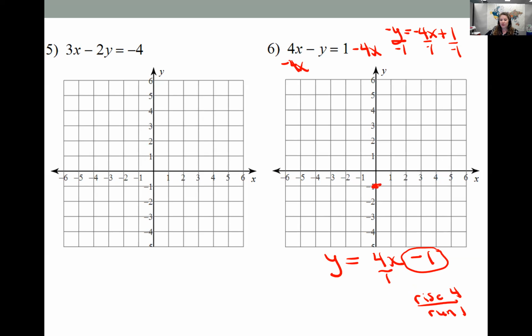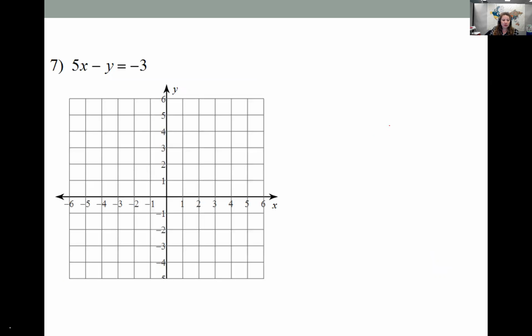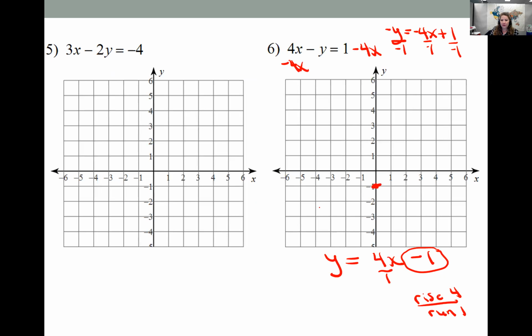We go up 4, rise 4 because it's positive. 1, 2, 3, 4, right 1. We could almost do it again, but we don't have enough space. 1, 2, 3, 4, 1 right there. And then we're going to connect our dots. Oh my goodness. So messy, Miss Richardson.